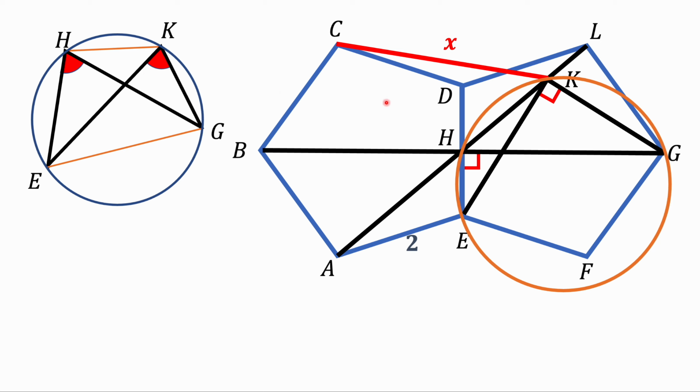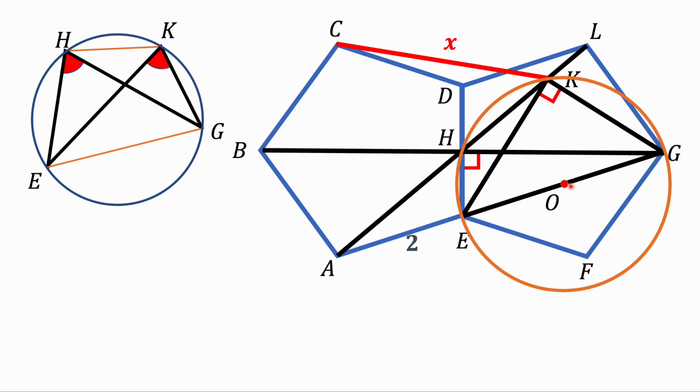But we have a specific angle of 90 degrees. So notice that EKG is an inscribed angle which is 90 degrees. And if we use the inscribed angle theorem or Thales theorem, we'll find that EG has to be a diameter of our circle, and point O is the center of the circle.